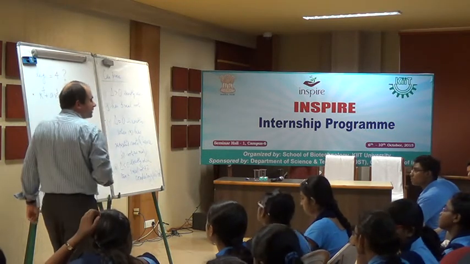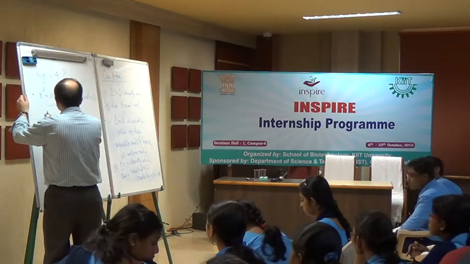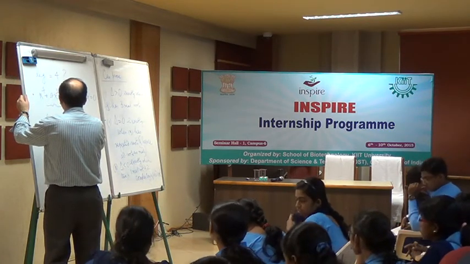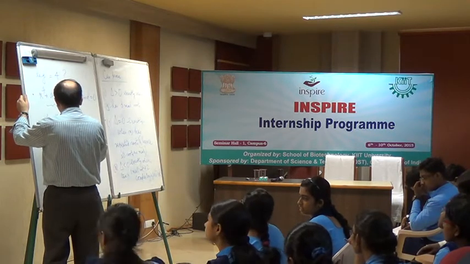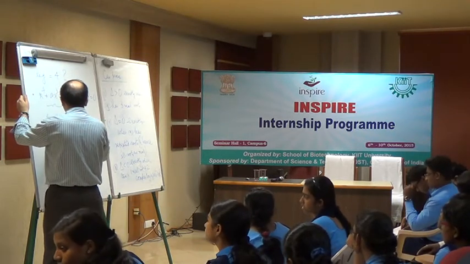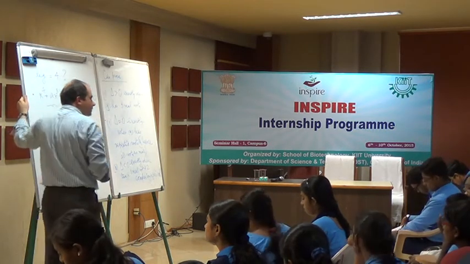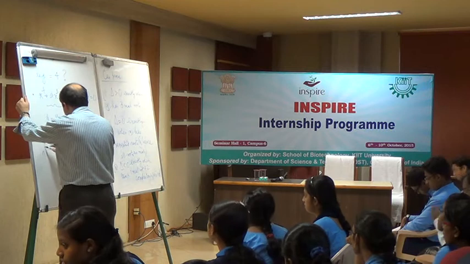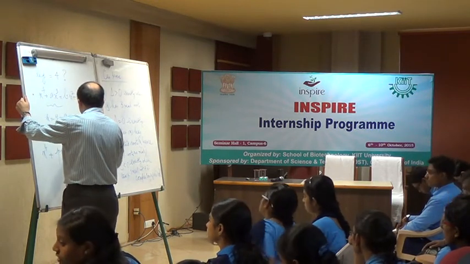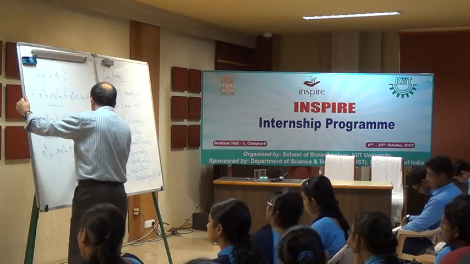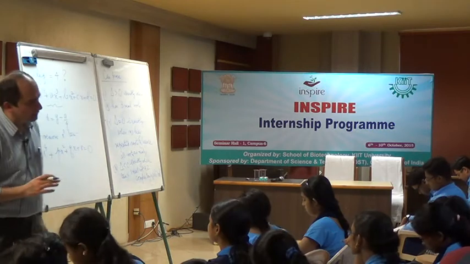I can make the first change of variable x equal to y minus a by 4, and this will remove the cubic term. You will get something like this: x to the 4 plus px squared plus qx plus r equal to 0. Okay? This can always be done.